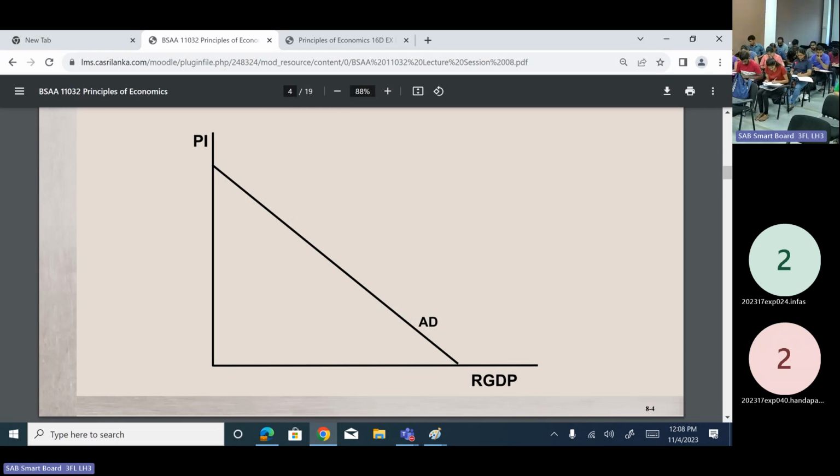Write down PL is price level, and RGDP is real gross domestic product.